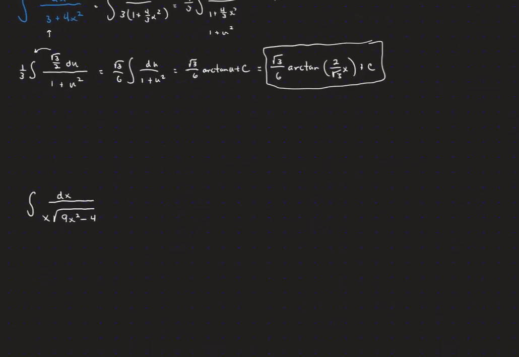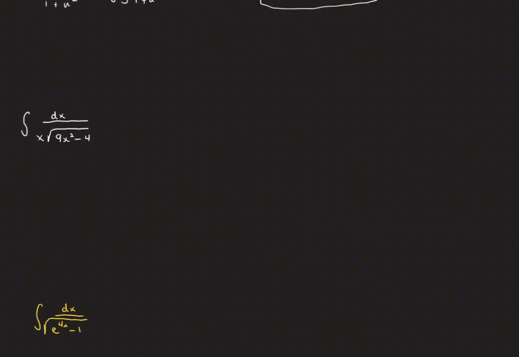Let's scroll up now. Again, if we think, at least in our head, can we make u equal to the inside of that radical? Then the du would be an 18x dx. Now we do have an x, but it's not in the numerator where we would need that du to appear. So that's definitely not going to work.